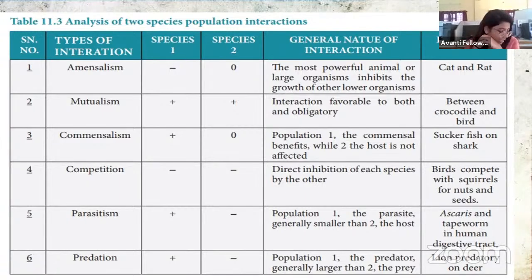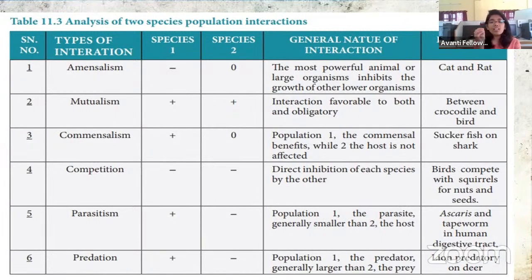And next is commensalism. Commensalism, where one organism is getting benefit and the other is neither benefited nor harmed. The example which we can take is a suckerfish on a shark. So suckerfish usually are present on the shark. Shark is a very big fish. On this shark, the suckerfish will go and stay.